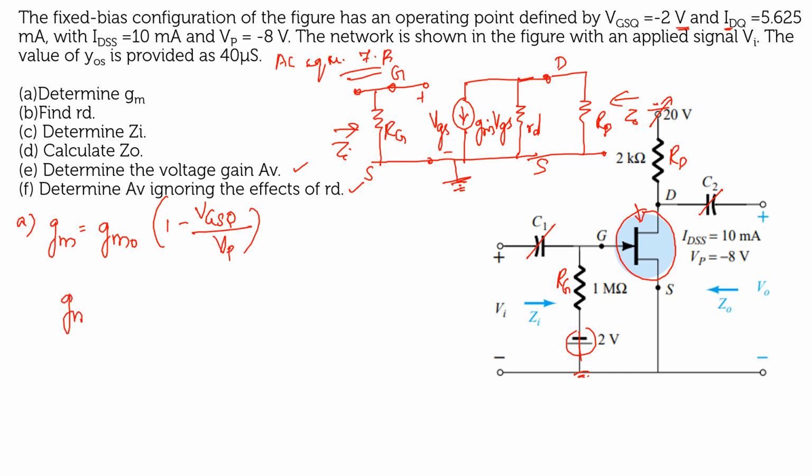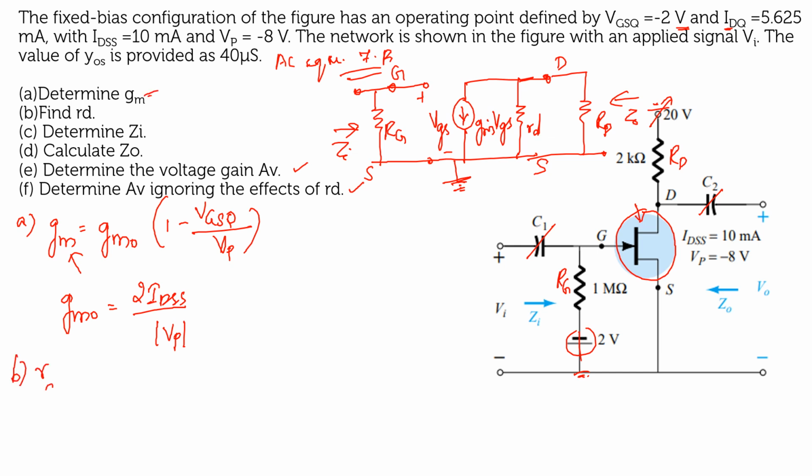Now what is your gm0? gm0 is the value of transconductance or value of gm when VGS is equal to 0, right? It is given by 2 IDSS divided by the magnitude of VP, right? So once you know gm0, you can calculate gm. So the first formula is done.